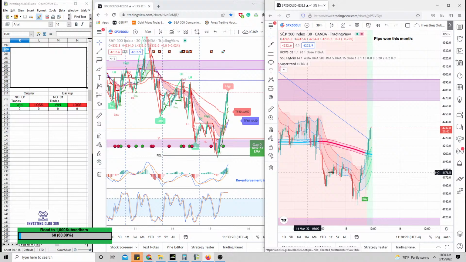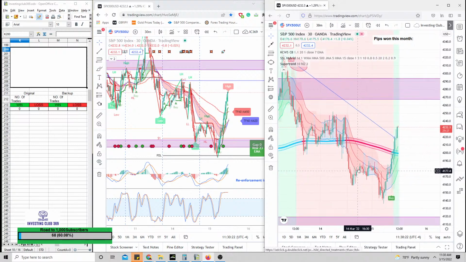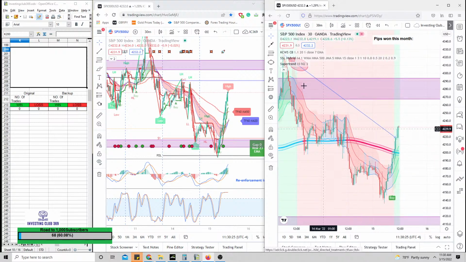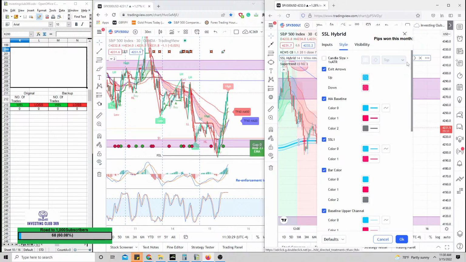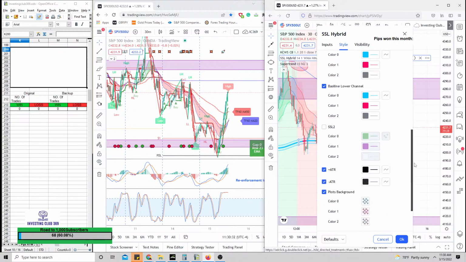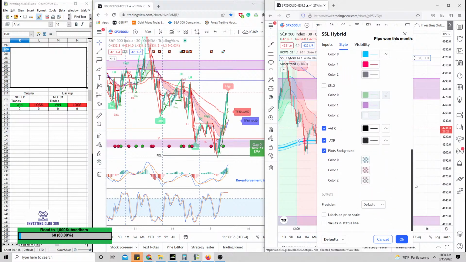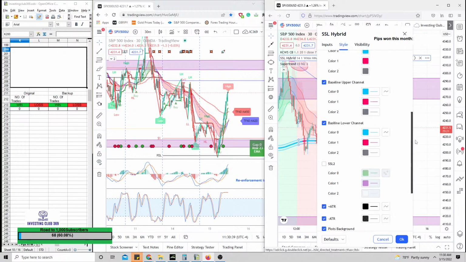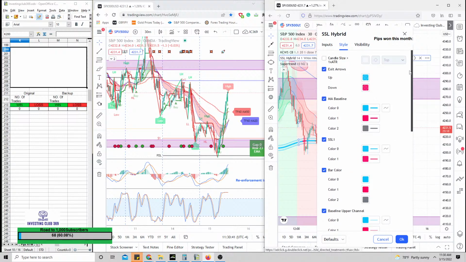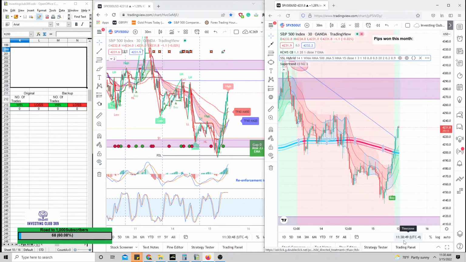I click to change it, but I'm not seeing anything. That's weird. Let's try one more time. Oh wait, let me see. Would it be this? No, I'm not seeing it. Let me remove it and put it back and see.